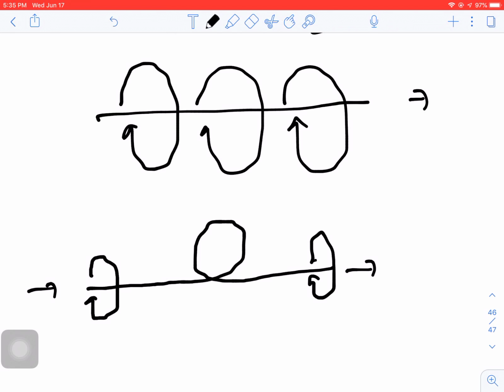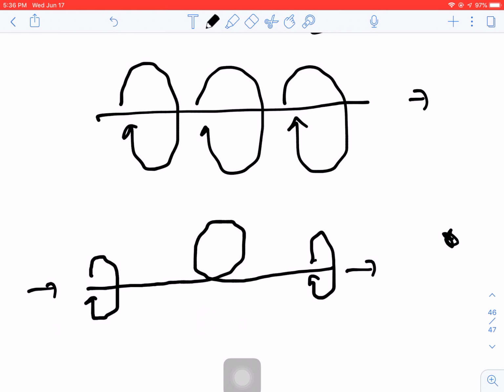But what about when I get to the loop here? If I turn my iPad 90 degrees so that I'm over here now, as the electrons are coming through here, they are still moving to the right, towards the top of my iPad, and my fingers wrap around it and show that the direction is coming through the middle of that loop.